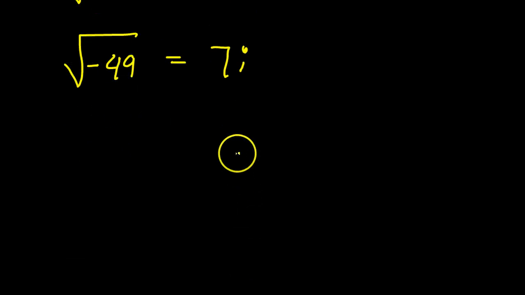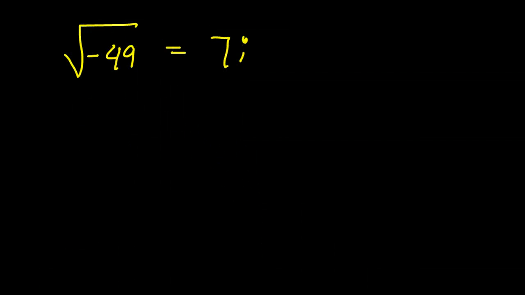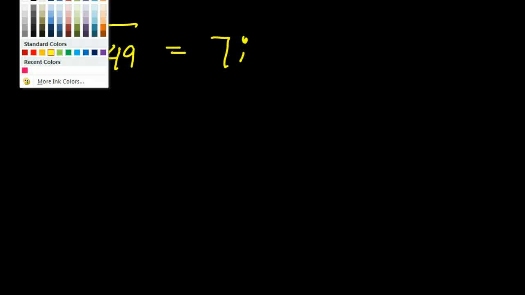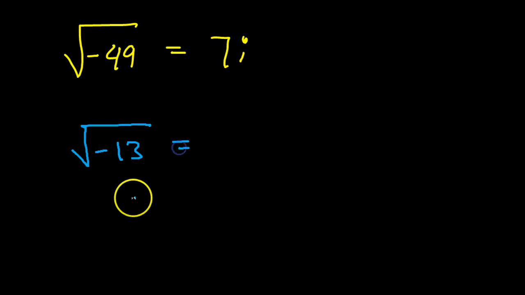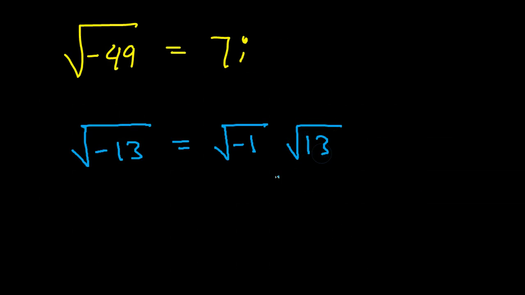So that's one type, the simplest. Now, what about problems that don't simplify? For example, say I have the square root of -13. Again, you could think of this as the square root of -1 times the square root of 13.